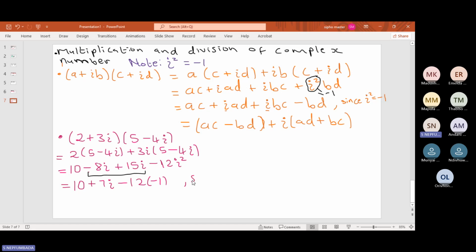Why are we saying that? Since we must tell them i squared is equal to minus 1. Then it's like we've got 10 plus 12, which is what? We've got 22 plus 7i. Any question?